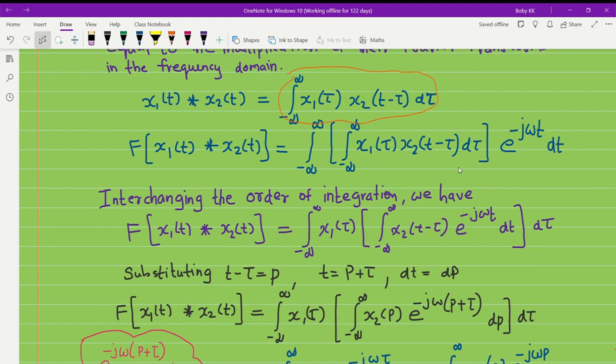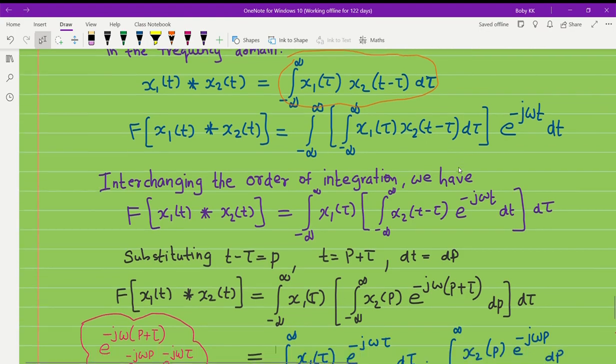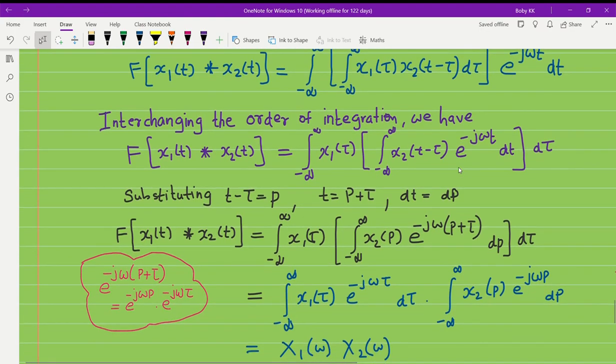I will take the integral minus infinity to infinity of x1 of tau first. Then comes the next integration, integral minus infinity to infinity of x2 of t minus tau e raised to minus j omega t dt, into d tau.